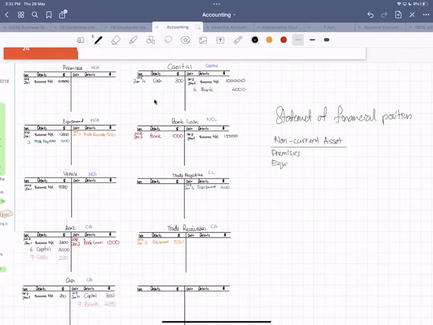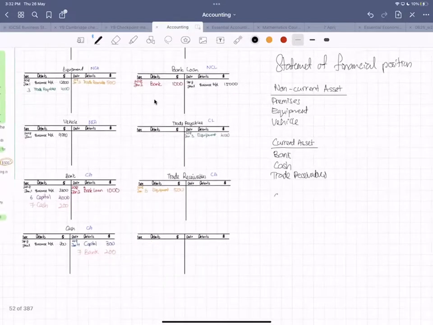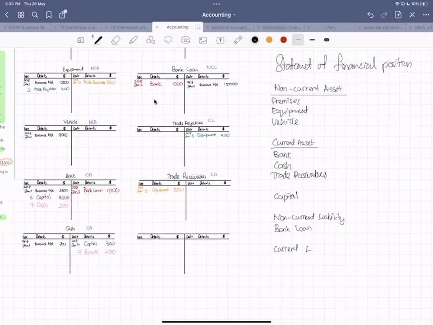Premises, equipment, vehicle, and then go current asset, bank, cash, trade receivable. Next is capital, then non-current liabilities, bank loan, current liability, trade payable.